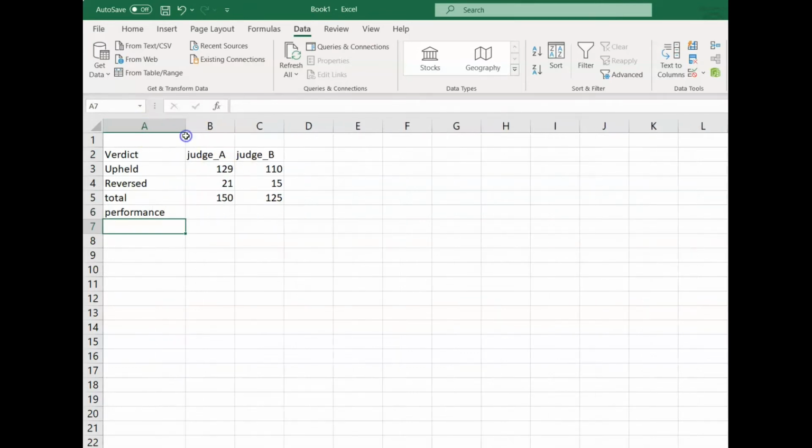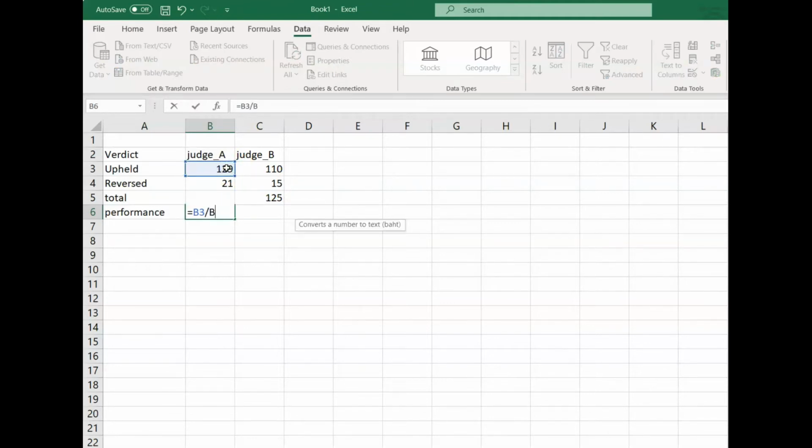The performance is upheld divided by total. So for the first one it is 129 divided by 150, that is B3 divided by B5. So it's 86%.